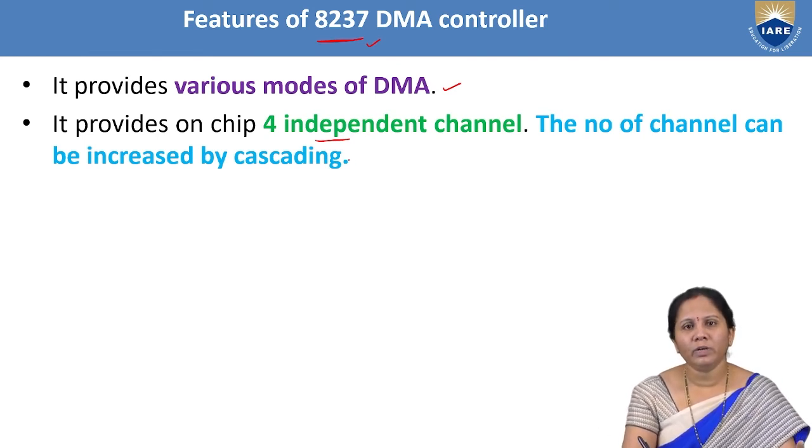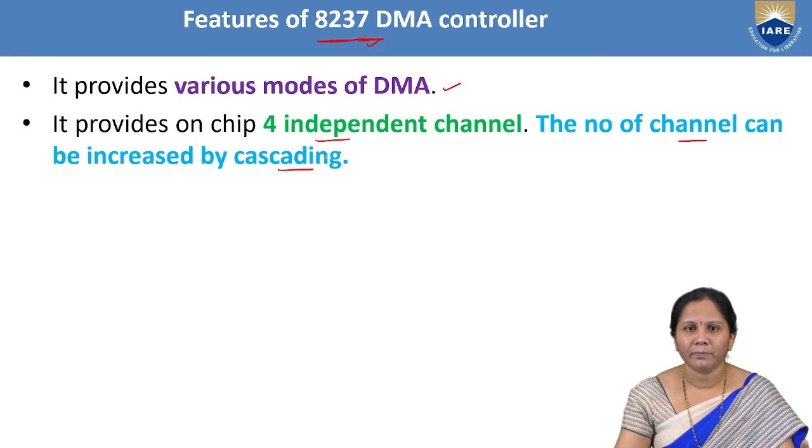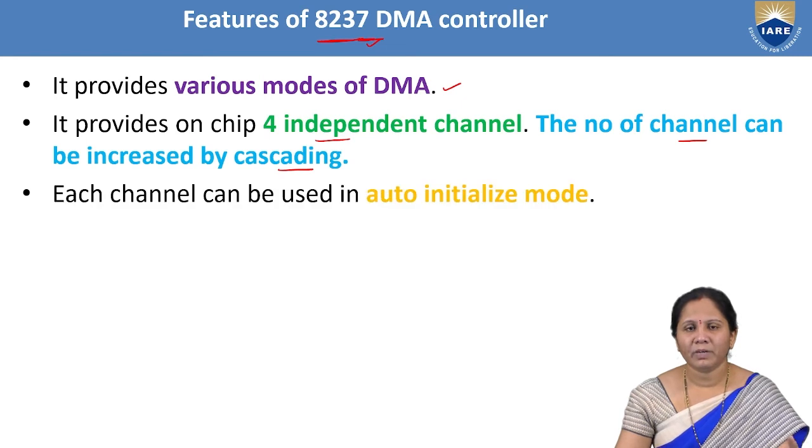And the advantage in the 8237 is that if we want to increase the number of channels, it is possible by connecting them in a cascading manner. So the number of channels can be increased, it is not fixed to 4, whereas in the 8257 DMA controller, only 4 channels will be there.